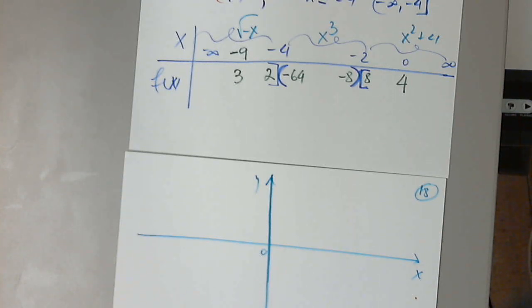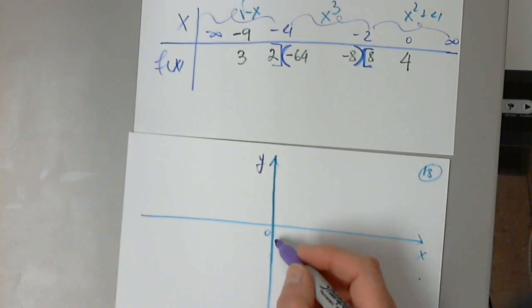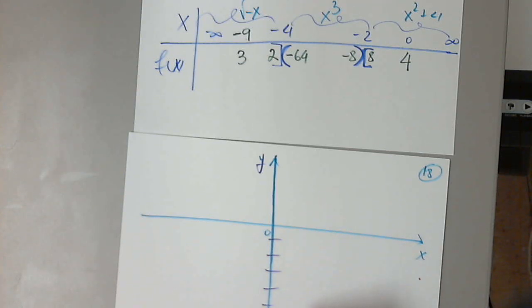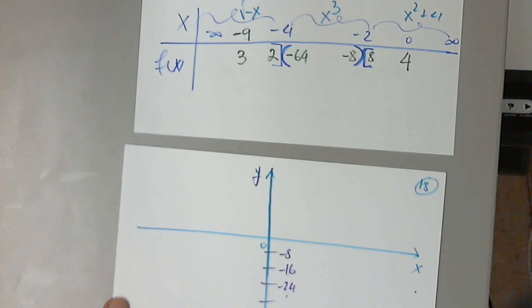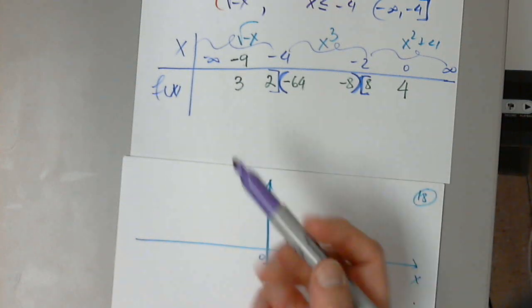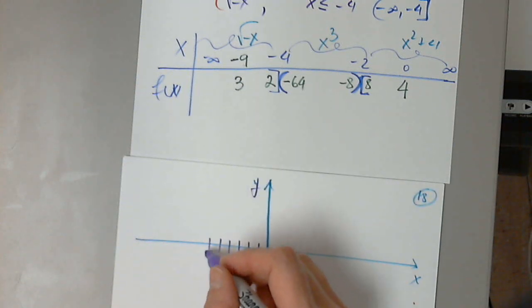If you don't like the little coordinate system that I created for you in the test, cross it out and put your graph on the scratch paper. It's up to you. You don't have to use that if you don't like it or if it doesn't fit. So for negative 64, I'm going to say 1, 2, 3, 4, 5, 6, 7, 8, so each is negative 16, negative 24, and so on. On the x-axis, I have to go to 1, 2, 3, 4, 5, 6, 7, 8, 9.